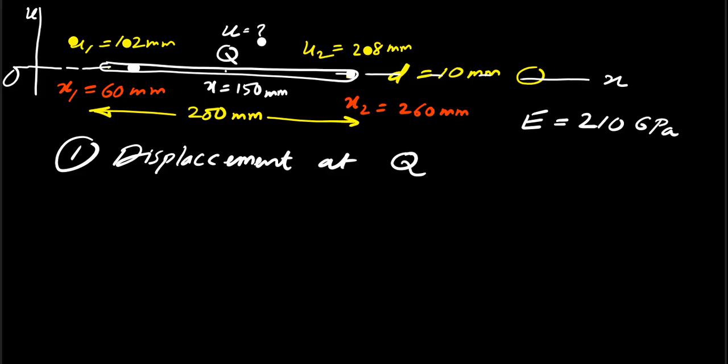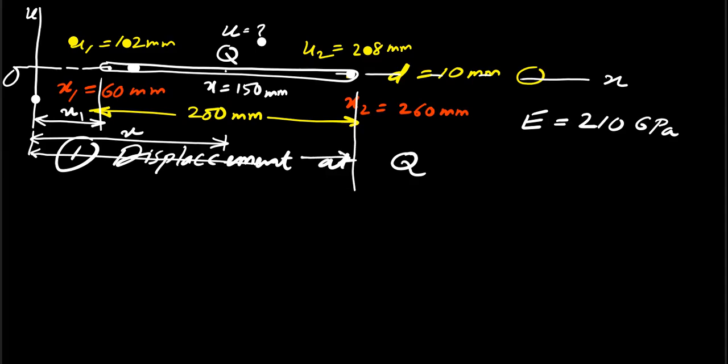From this reference to this node there is a distance of x1, from the same reference to this point Q, that is x, and from the same reference to this node, that will be x2. So from the reference it is taken as x1, x2 and x.